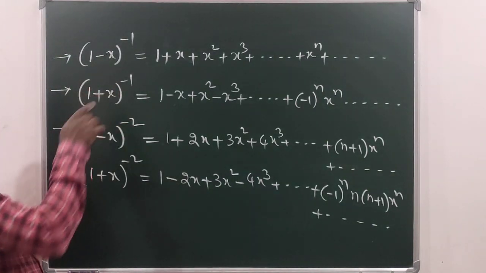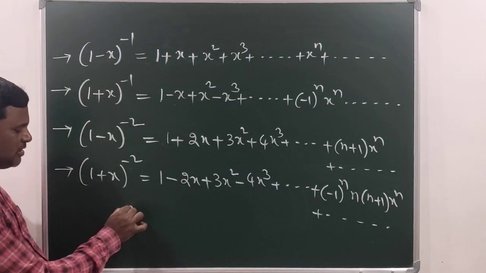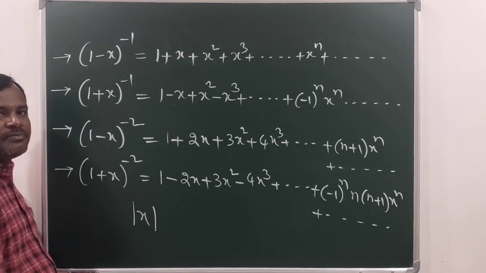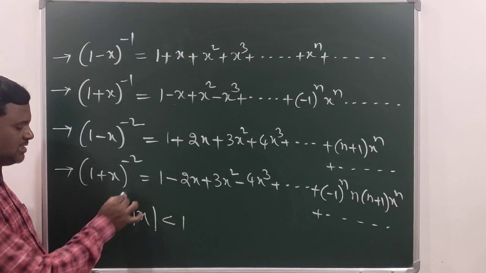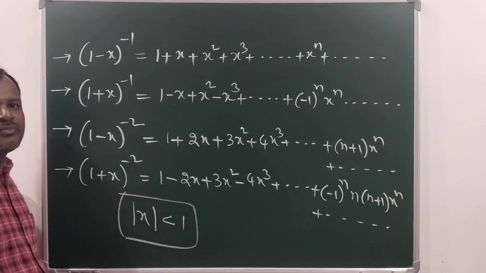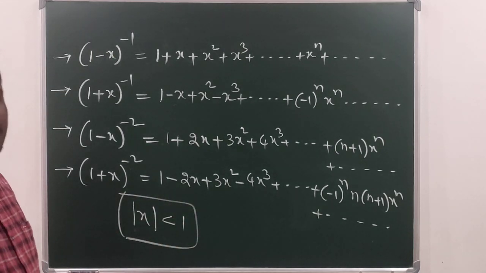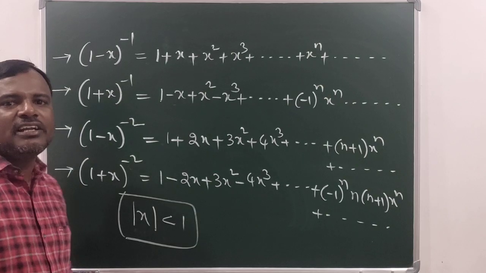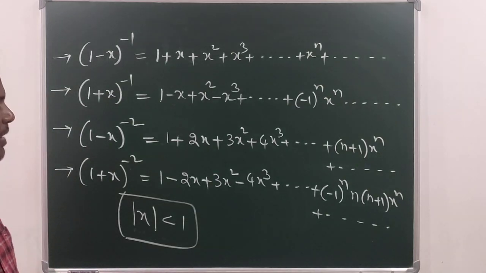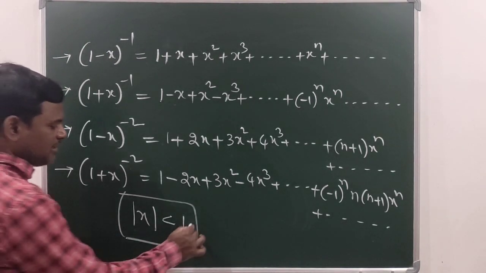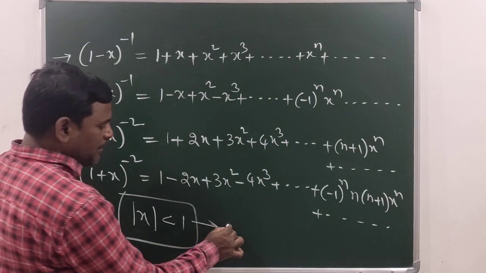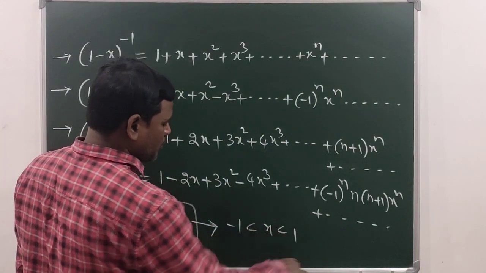But in all these expansions, the condition for x is mod x less than 1, which means that x value should lie between minus 1 and 1. You know this.